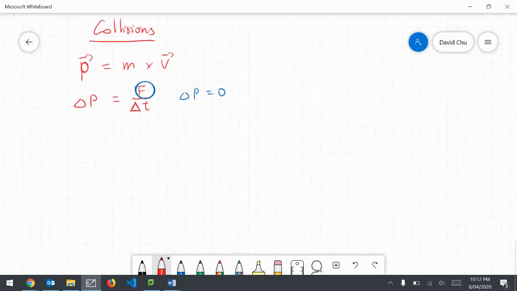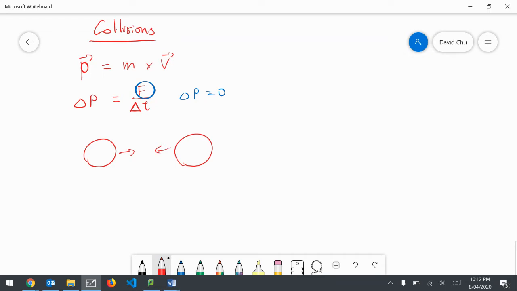In collisions, we know that if you have an isolated system, so let's just say that you've got two balls being thrown towards each other, and afterwards they bounce off each other.